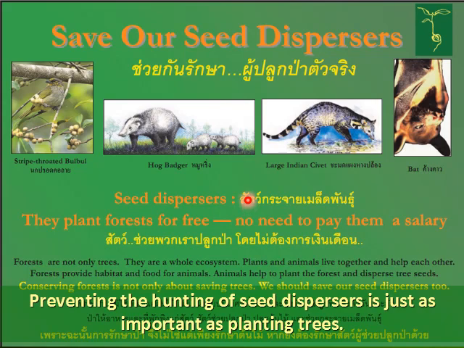With framework tree species, we are trying to attract wildlife by planting trees that produce something to attract that wildlife. There's no point in planting trees to attract wildlife if there's no wildlife left to attract, and that's why it's so important to prevent hunting.